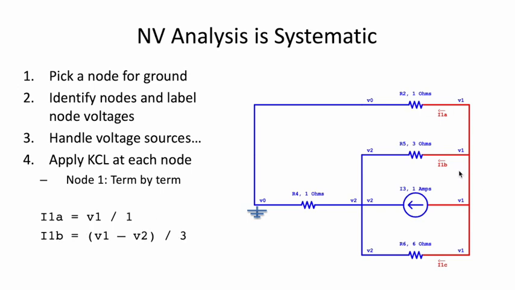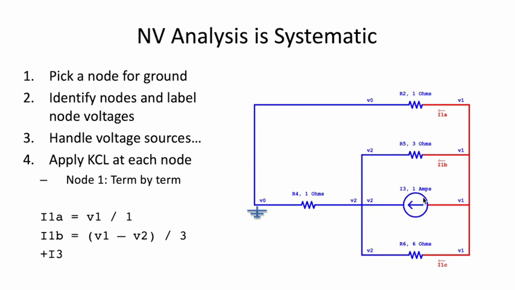Second term, going out of the node, I1B, that's going to be V1 minus V2 over 3. Third term, what do we have here? Third term is determined by this current source. That current source is oriented to have the current going out of the node, so we're just going to add that in.